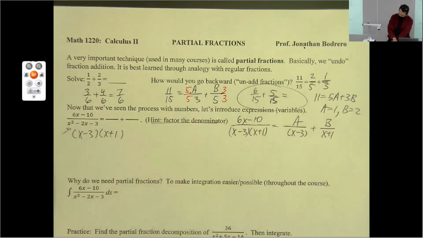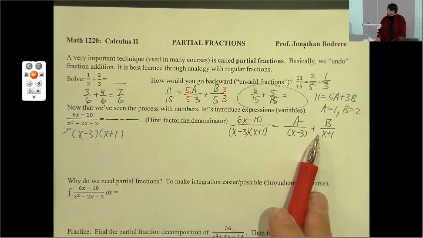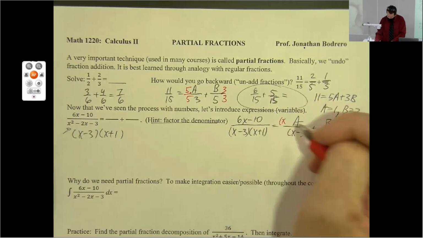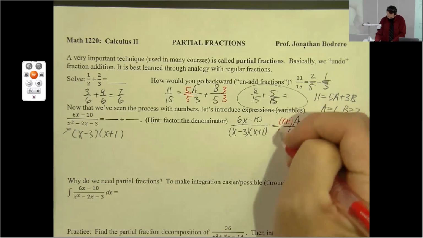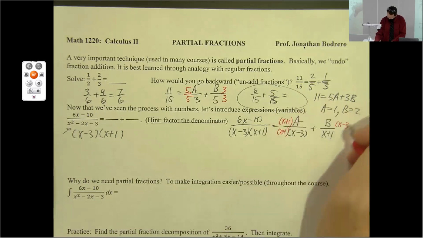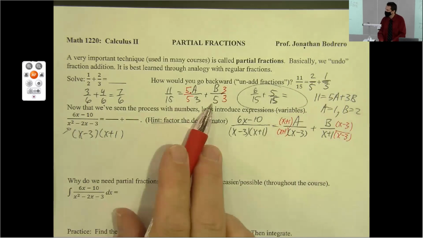Now, here's where we do just like we did up here. This is kind of hard, and we're adding fractions. It's best or easiest if you add fractions and you use a common denominator, right? Just like we multiplied by 5 over 5 and 3 over 3, which are each worth 1.